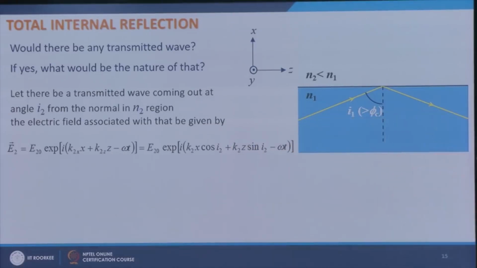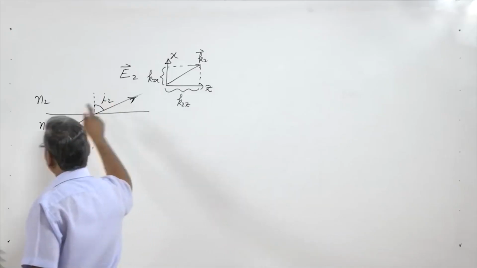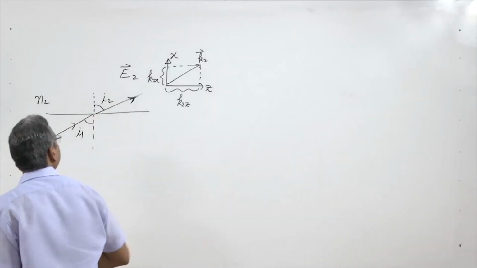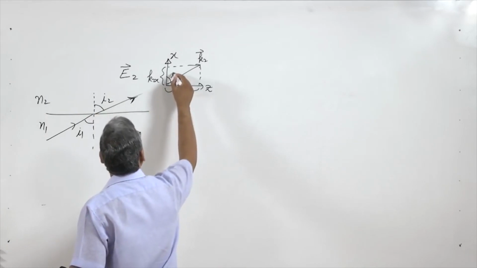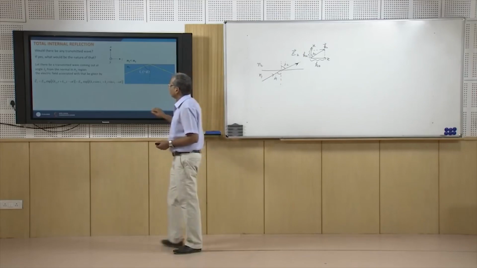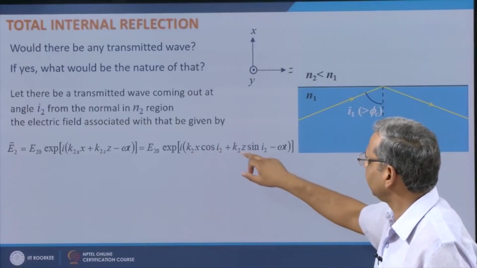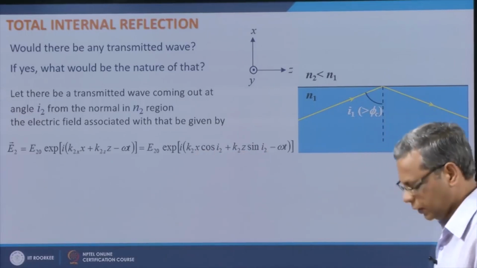What is k2x? K2x is nothing but k2 cosine I2, this is I2. So that is what I have written, k2 cosine I2 times x, and similarly k2 sine I2 times z minus omega t.